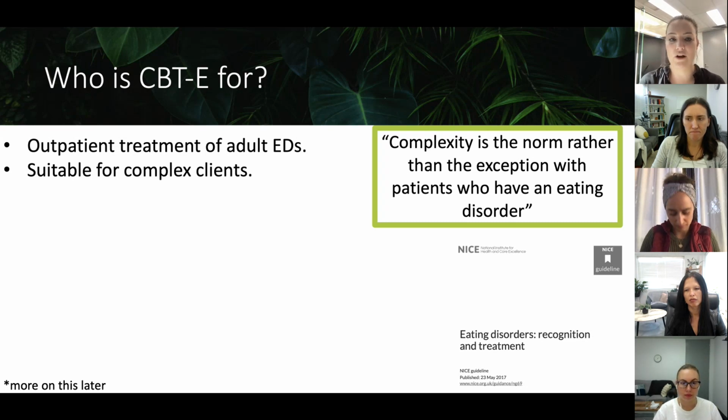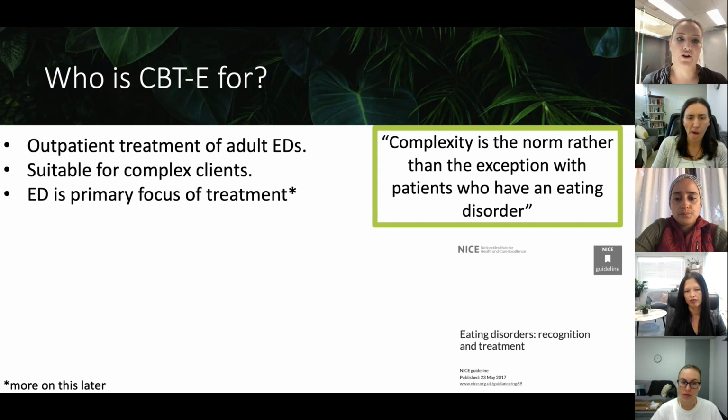So we don't want to ever write someone off as being too complex for CBT-E. As we often talk about in the clinic, we're really poor predictors of who will respond well to what treatment at what time. We want to give them a go at the best delivered version of CBT-E possible, see how they go and reevaluate along the way.